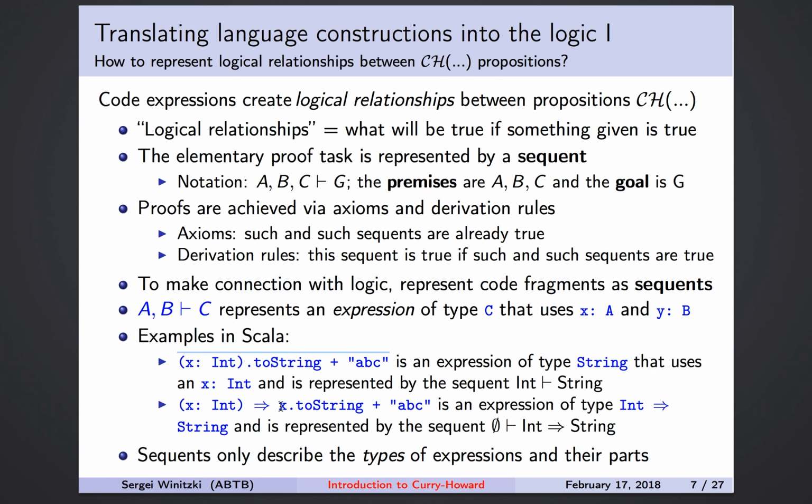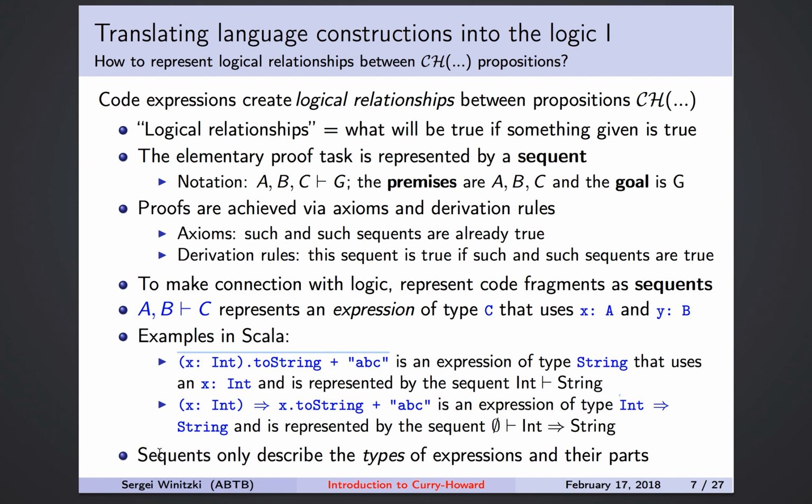It does not have to be computed before in order for us to have this function. So this entire expression has type integer to string. It has the function type. And it is represented by this sequent. To the left of the turnstile, there's an empty set of premises, because this expression does not use any variables that are previously computed. To the right of the turnstile is the function type. Again, more precisely, this would be CH of int to string.